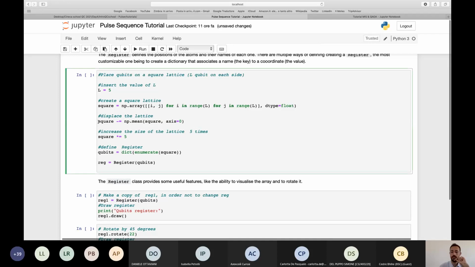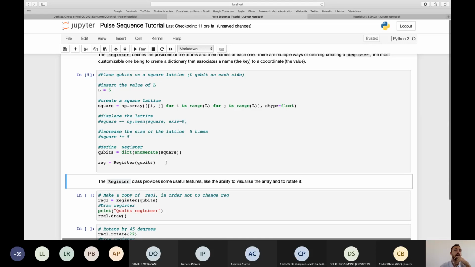Let me comment this one because we're going to see it later. Here is how you define the register. You call the register qubits, where qubits is a dictionary that takes in input an enumeration of this square.